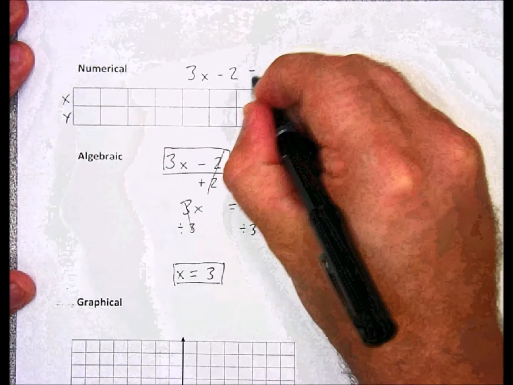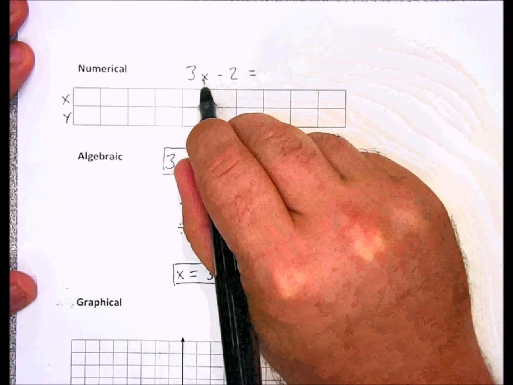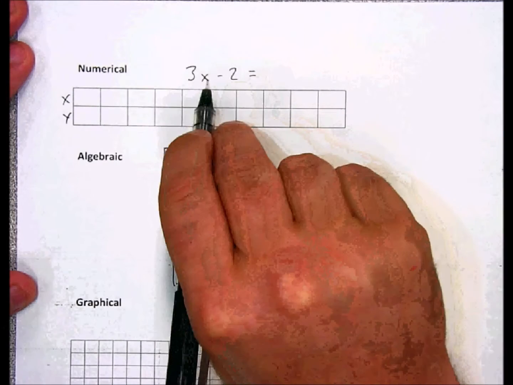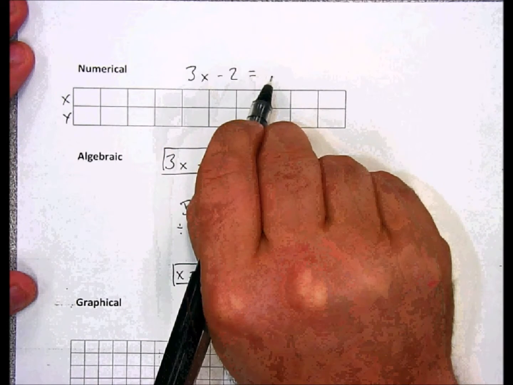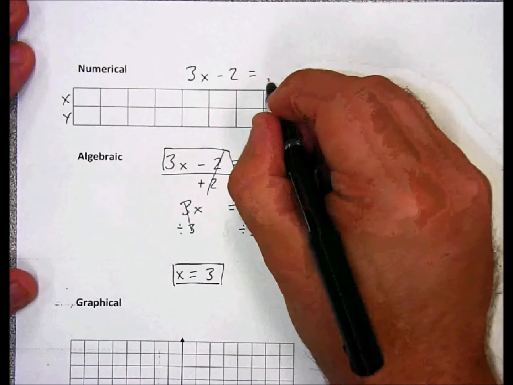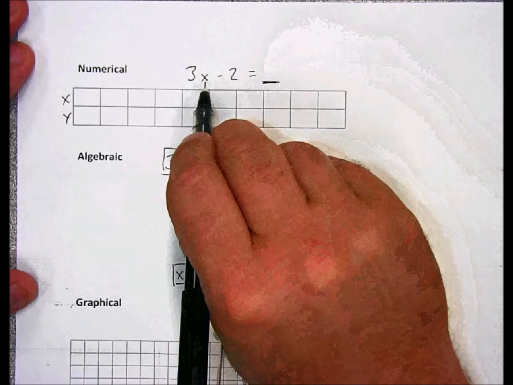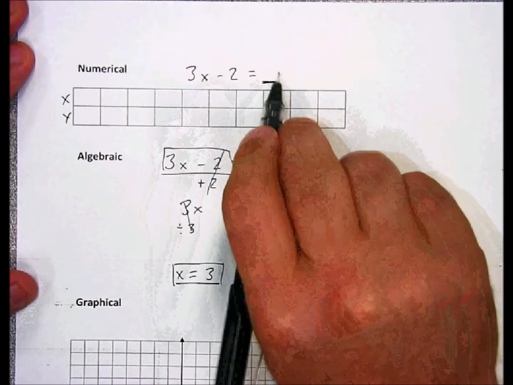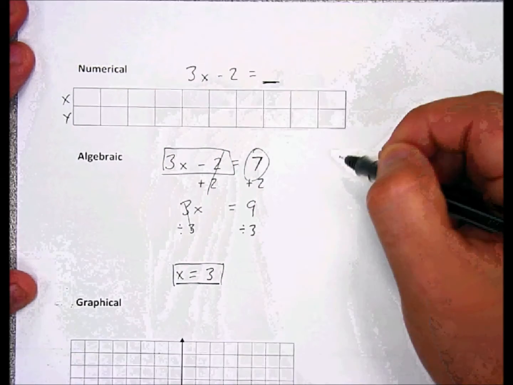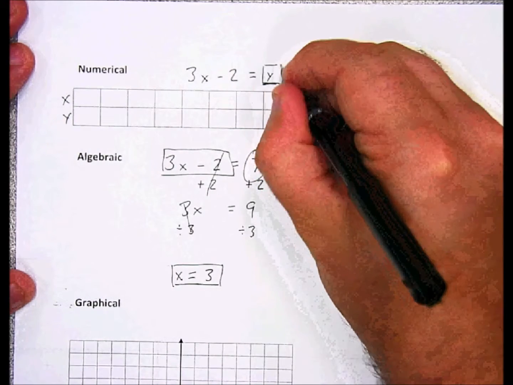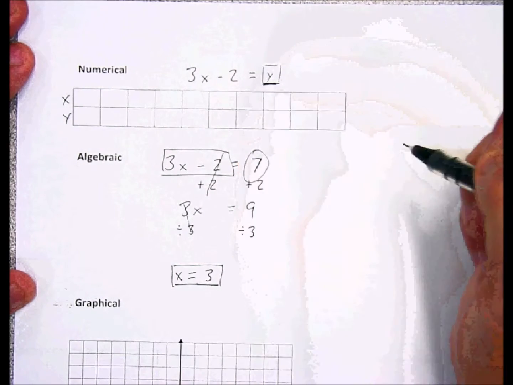I could plug lots of different numbers in for x, and if I plug a number in for x, I'll get one answer. If I change the number I plug in, I'll get a different answer. What I want to find is what value can I plug in so that when I finally get an answer, I get this 7 that I want. I'm just going to say this is some value y. We want to know when it is going to be a 7.